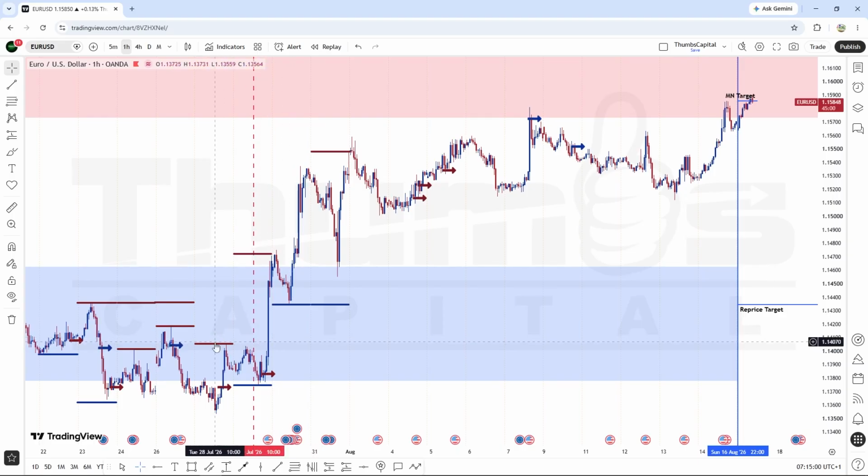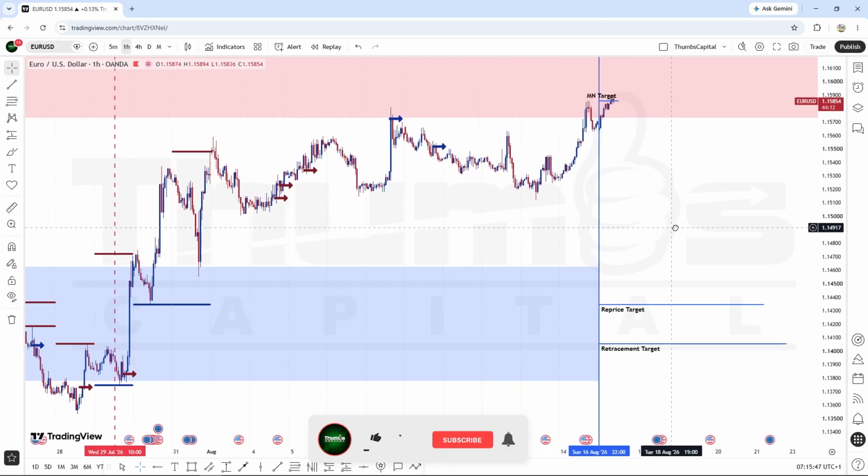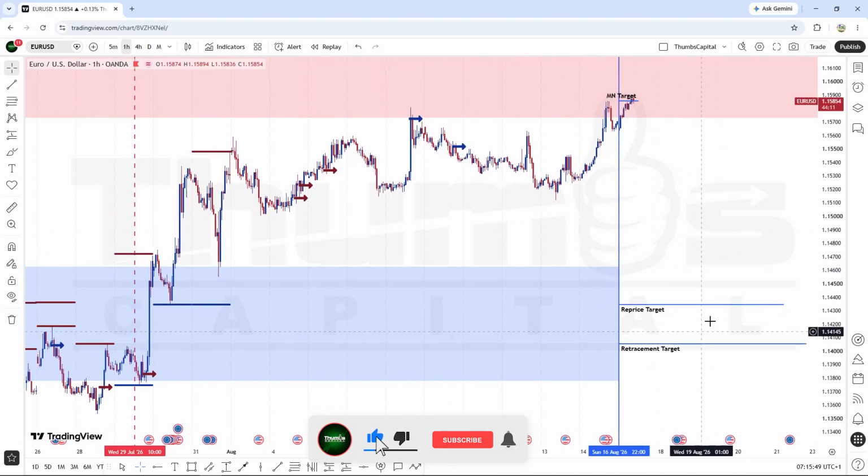That means the big institutional player that opened this sell is in massive drawdown as price is going up. So they need to force price back down to that area so that they can mitigate out of that negative position. So that's our retracement target. So now we have all the targets right there.